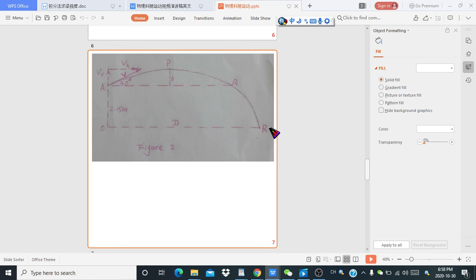This is the distance d, the distance between points O and R. That's the horizontal projection of points A and R. I mean, the horizontal projection of line AR is OR. So this is the distance D. D is the horizontal projection of AR.